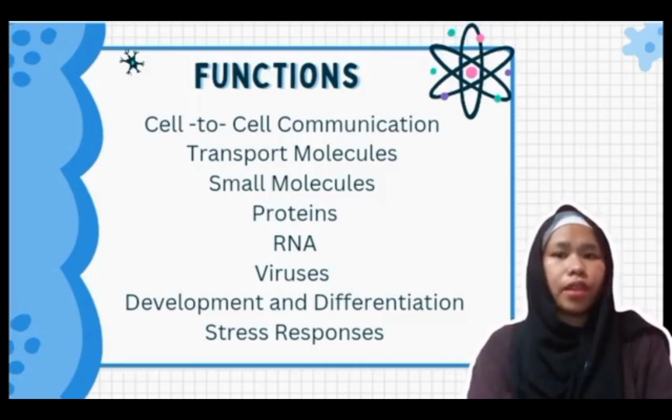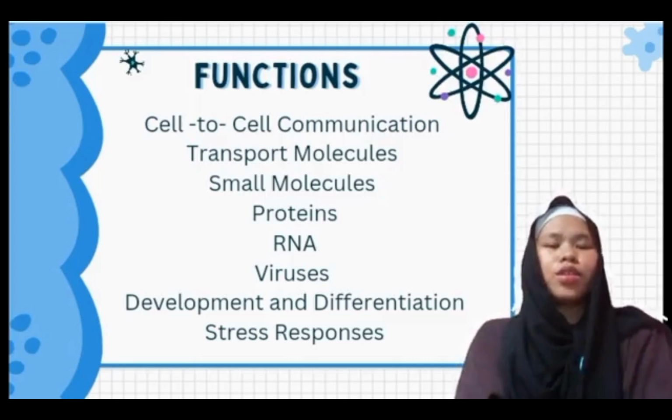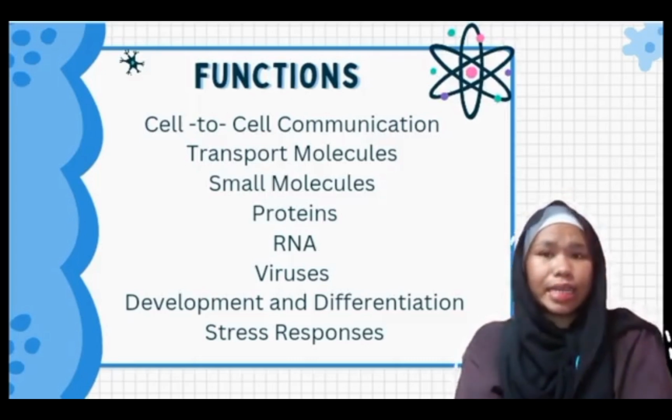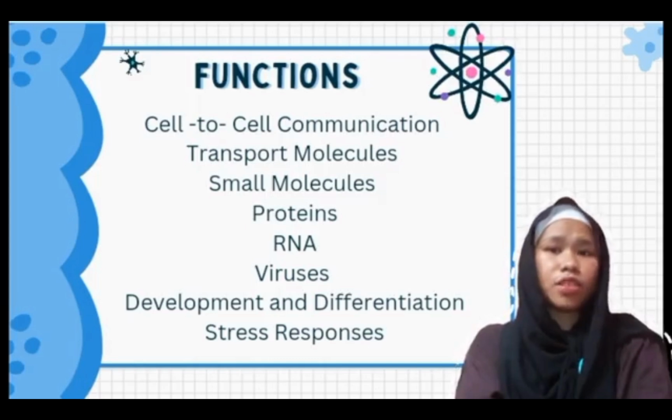And also development and differentiation. Plasmodesmata play a crucial role in plant development and differentiation. The formation and regulation of plasmodesmata contribute to the establishment of cell-to-cell communication networks that are essential for coordinating tissue growth and organogenesis. Last but not least, its function in stress responses.